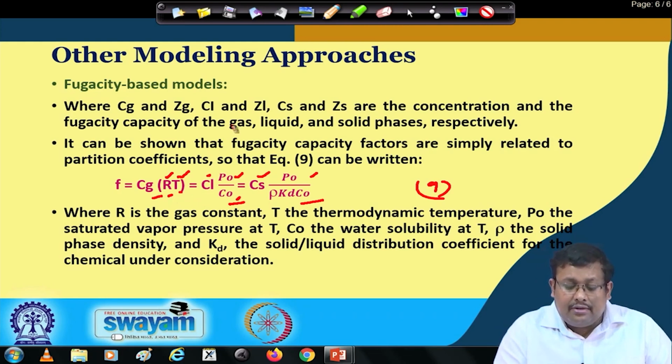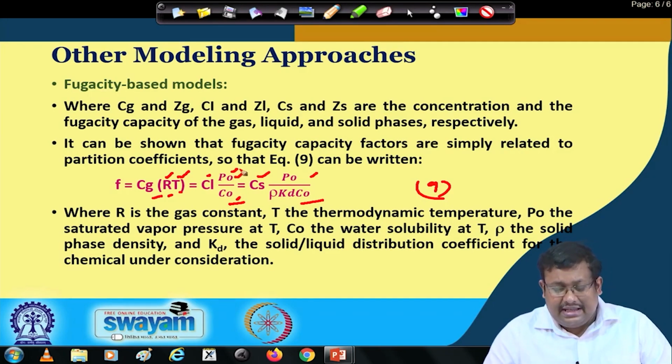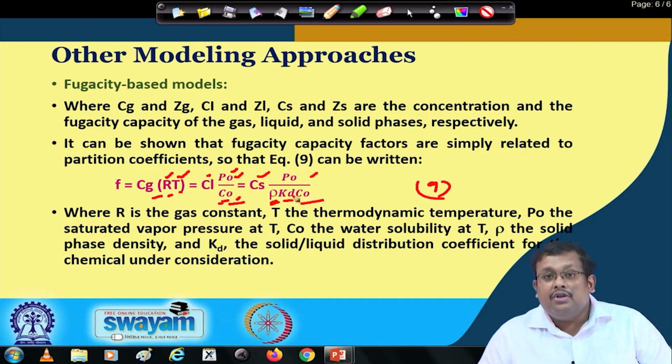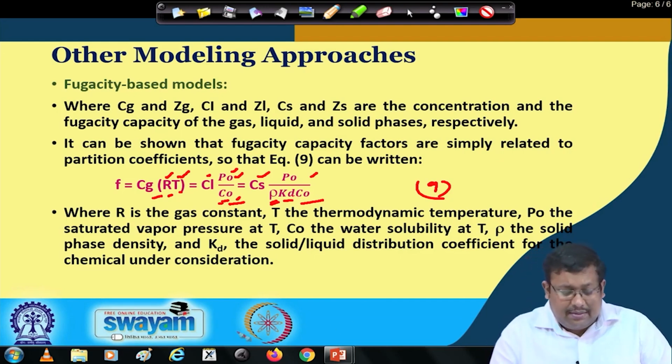CL is the concentration of the liquid, P0 is the saturated vapor pressure at T, and C0 is the water solubility at T. Here rho is the solid phase density, and Kd is the solid liquid distribution coefficient. We have already discussed the distribution coefficient in our previous lecture, for the chemical under consideration.